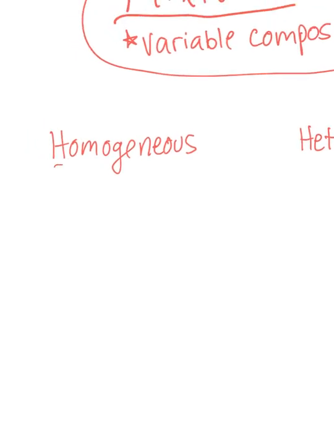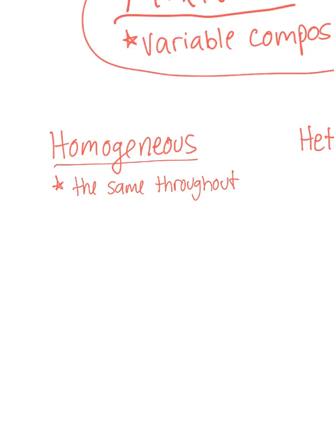Homogeneous means that the composition of the mixture is the same throughout. So if I were to take a sample of a mixture, no matter how big the sample is, no matter how small the sample is, and if I took it from any different part of that mixture, it will always be the same composition of two or more things, okay?